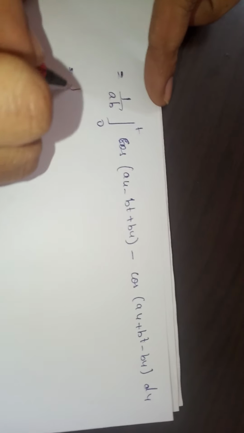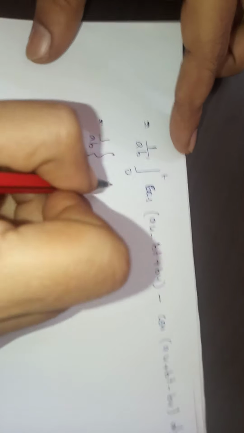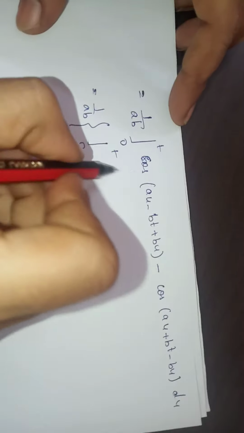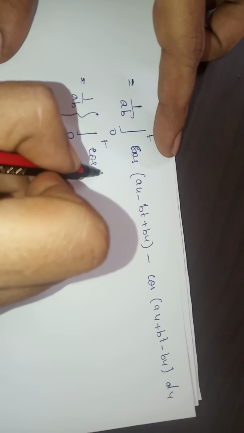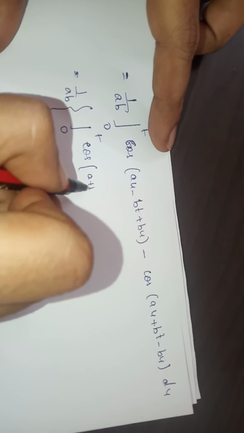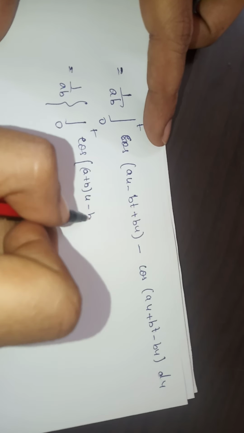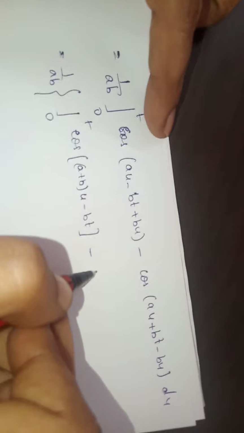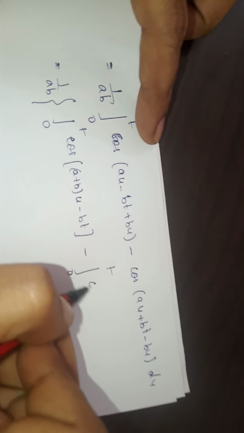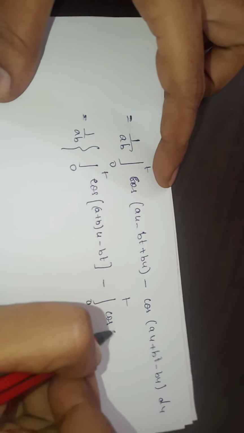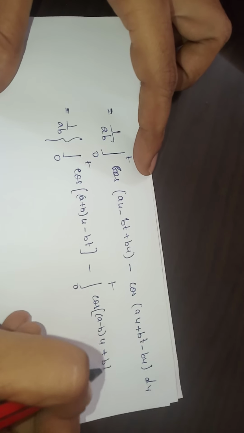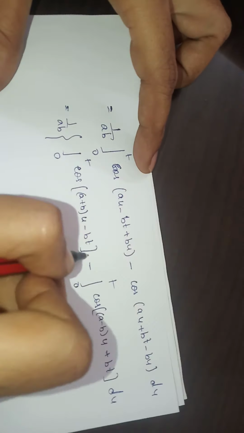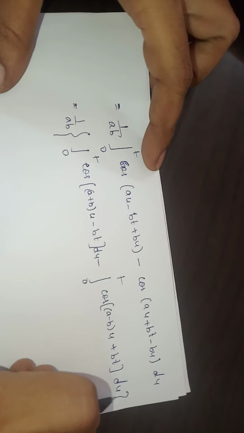You can separate the integrals now. Integral 0 to t, this is cos of, this becomes (a plus b) into u minus bt, minus integral 0 to t cos of (a minus b) u plus bt du.